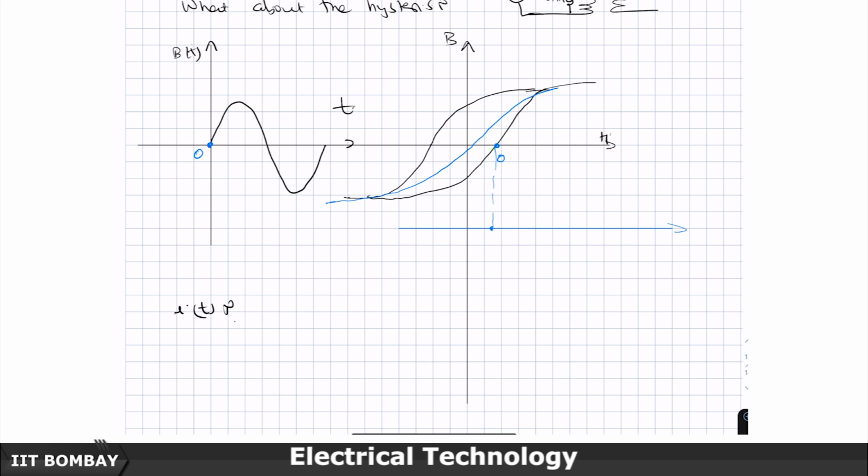What we are saying is that there is a current going through here, and in fact this is the point where H is 0, but there is some remnant B.